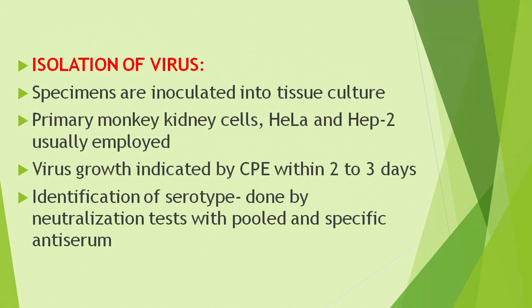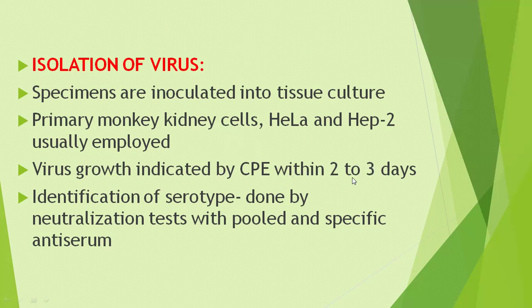And next, isolation of virus. Here the specimens are inoculated into tissue cultures. As we discussed, they can be grown only in tissue cultures such as primary monkey kidney cells, HeLa cell lines, and HEp-2 cell lines, which are commonly used. How is the growth of the virus indicated? The growth of the virus is indicated by CPE, cytopathic effect, which is seen in 2 to 3 days.